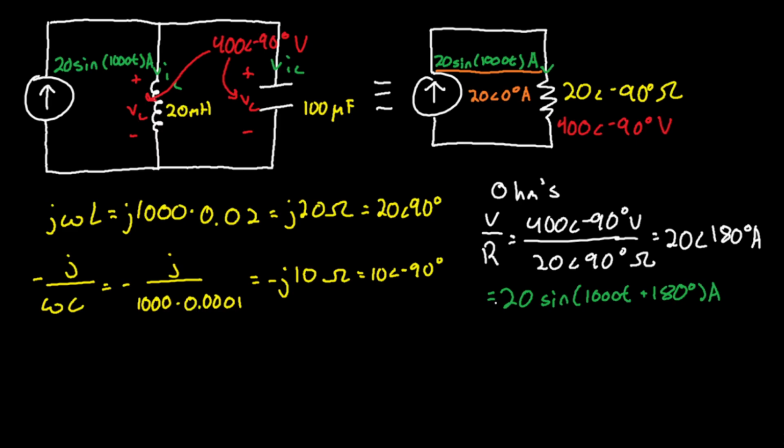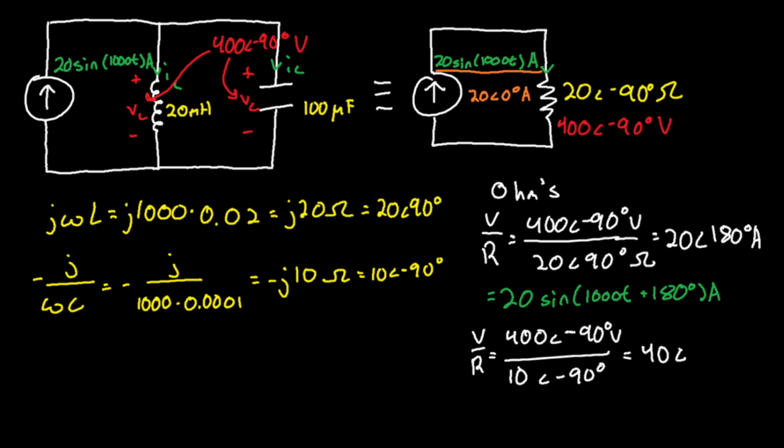All right, last thing, let's use Ohm's law for the last guy, which is this capacitor. So the voltages are the same, 400 negative 90 degrees over the impedance. Well, the impedance we calculated for the capacitor was 10 negative 90 here. So 10 negative 90 degrees. And we get 400 divided by 10, which is equal to 40.